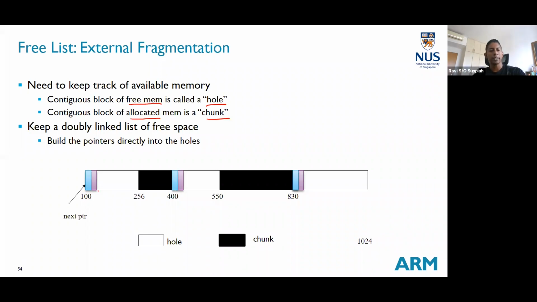In this case, the next pointer from 100 must point to 400. Then from 400, I must point to 830 and so on. Similarly, I must also have the previous pointer to point back to know where the previous hole that is currently available for me to use is. So the OS needs to keep track of this information by having some pointers in these holes of the memory.